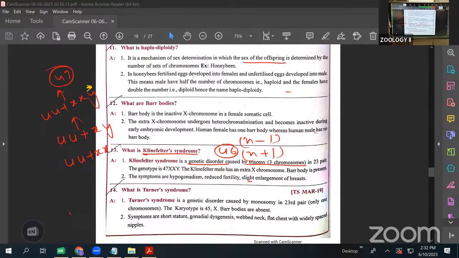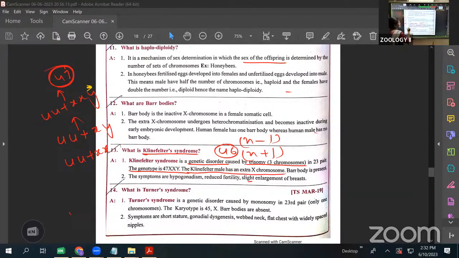A normal person has 46 chromosomes, but here one extra chromosome is added. That is Klinefelter syndrome. The genotype is 47, that is 44 plus XXY. A Klinefelter male has one extra X chromosome.